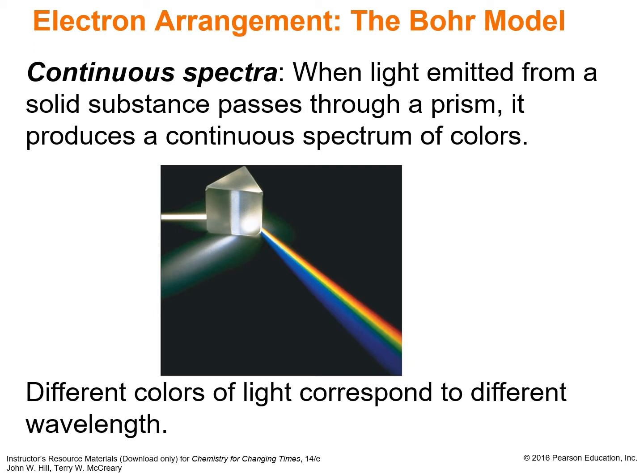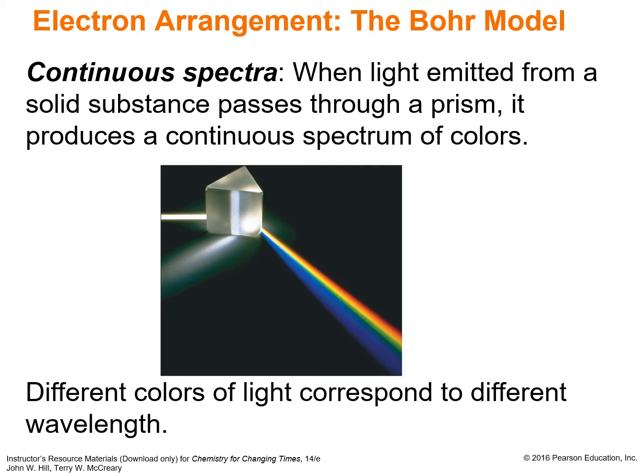Whenever white light passes through a prism, it gets split up into these characteristic rainbow colors, right? And these colors correspond to different wavelengths. This type of spectra is referred to as a continuous spectrum.